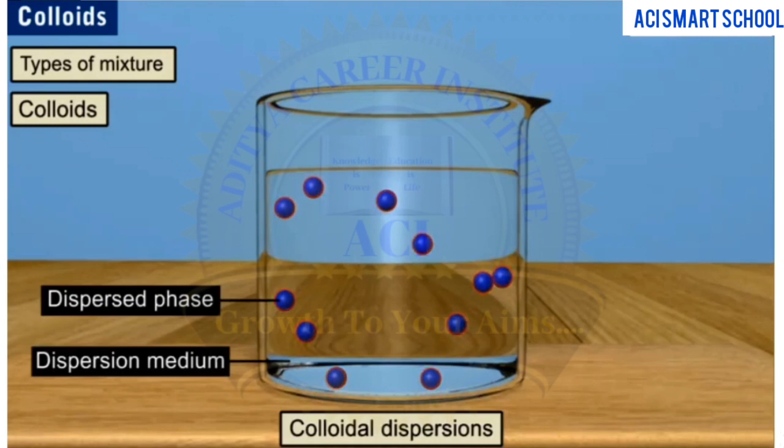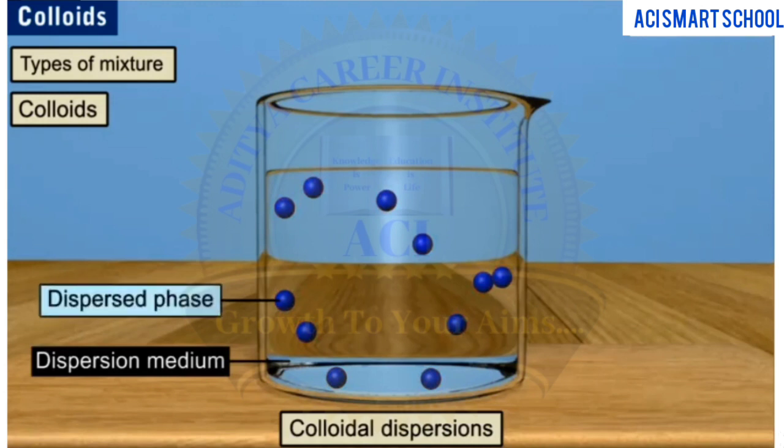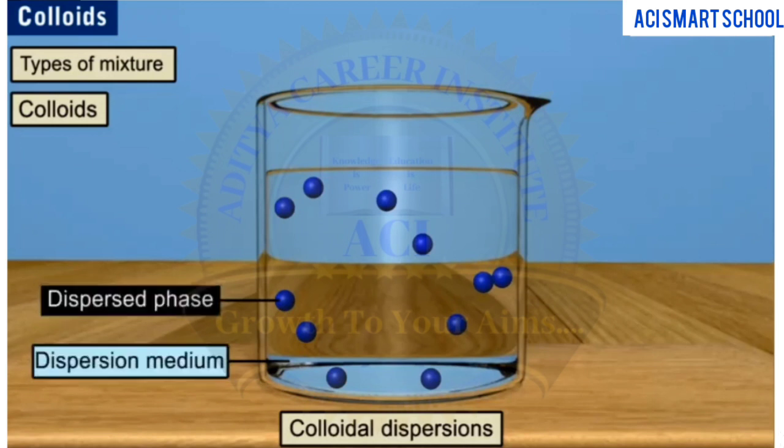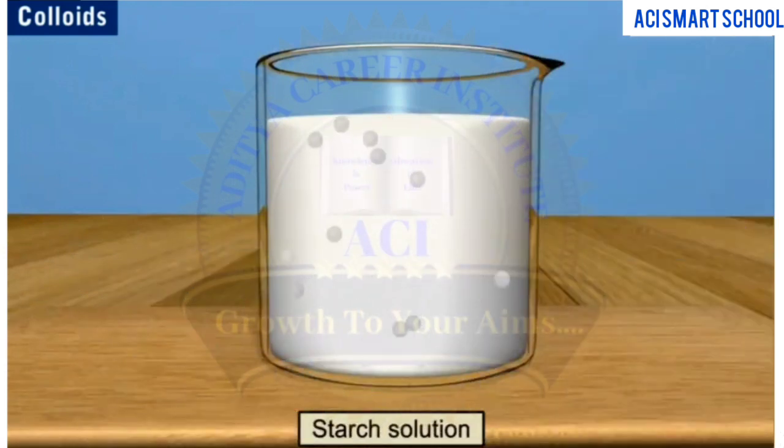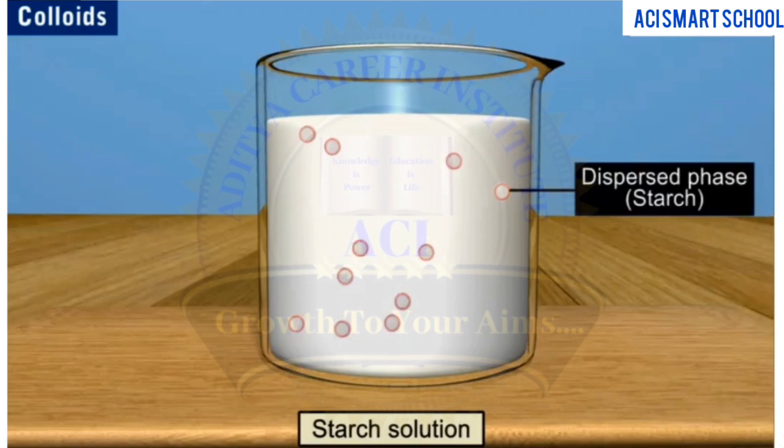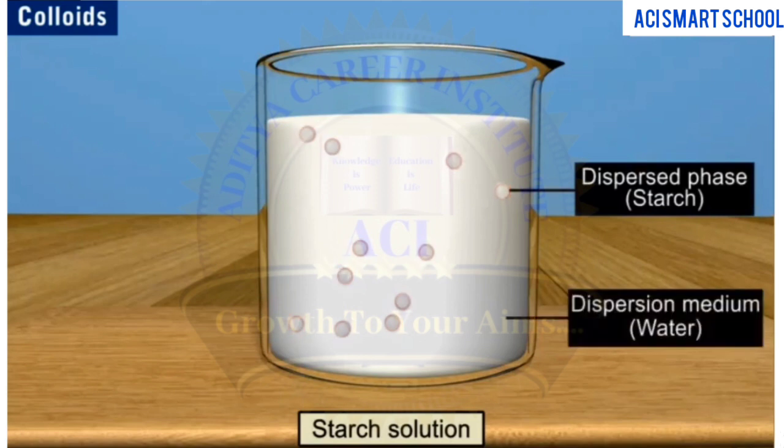The phase that is scattered or present in the form of colloidal particles is called the dispersed phase, and the medium in which the colloidal particles are dispersed is called the dispersion medium. For example, in a starch solution, starch represents the dispersed phase, while water represents the dispersion medium.